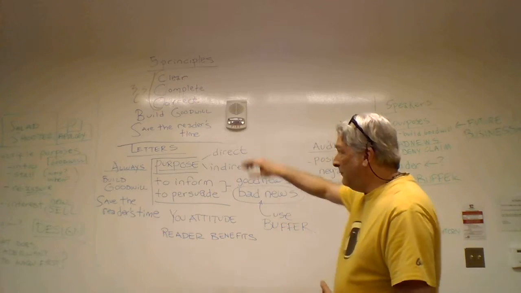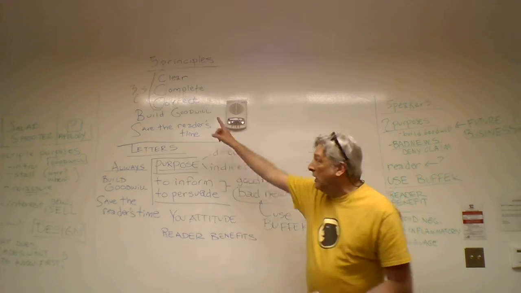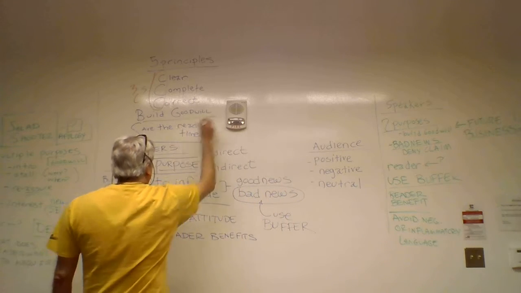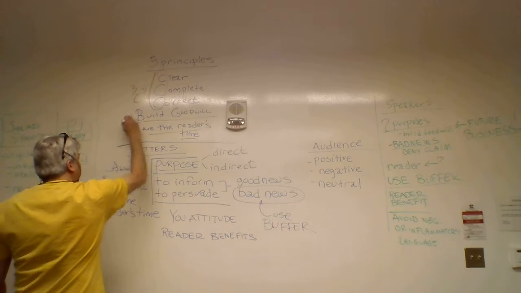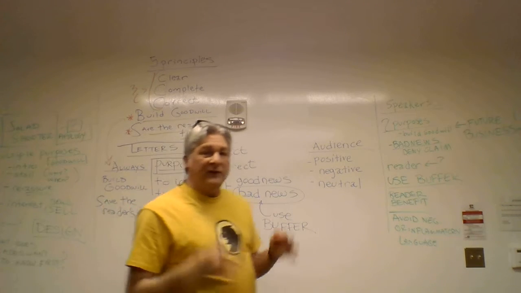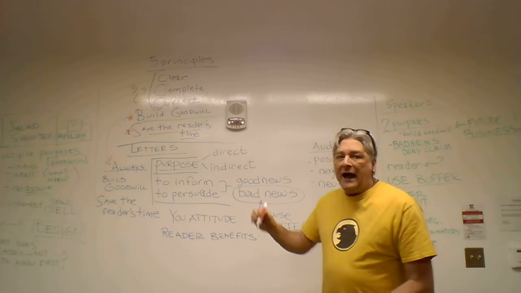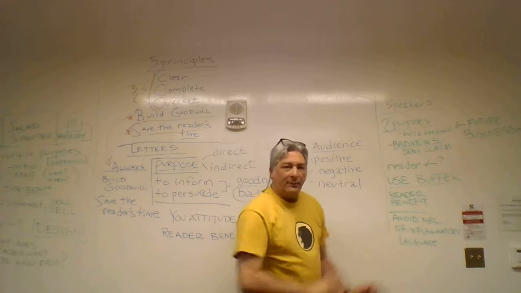But all business communication and technical writing, of course, also has to build goodwill and save the reader's time. And as you see, I have these down here in the purposes of letters. So all of our letters are going to have this purpose. I expressly name it in the purpose of the speaker letter, which I'll talk about in a little while.